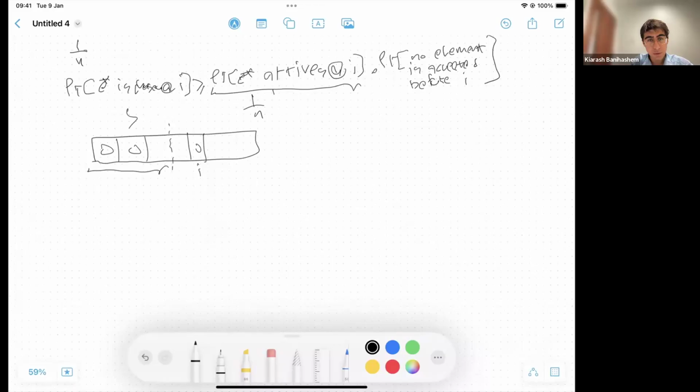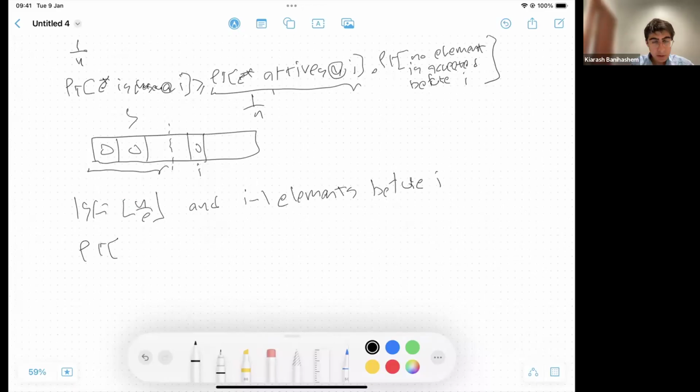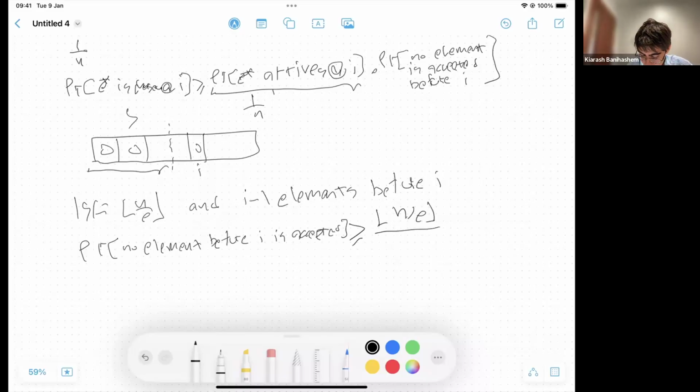Because I have a uniformly random order here, and the size of the set S is floor of n over E, and there are I minus 1 elements in total before step I, the probability that no element is accepted before I is going to be bigger or equal to n over E divided by I minus 1.